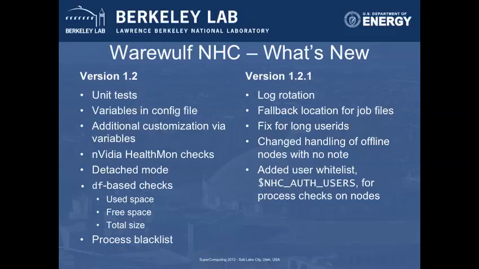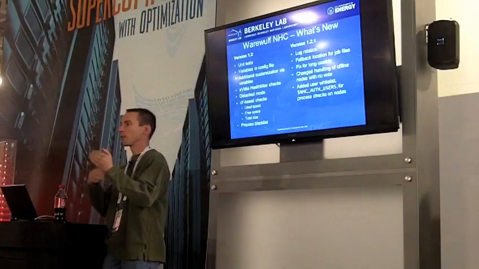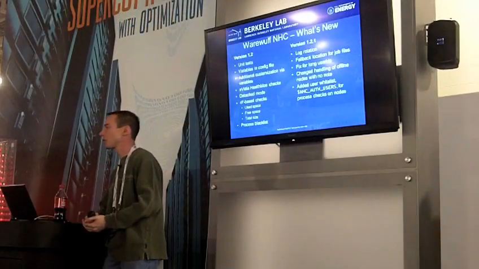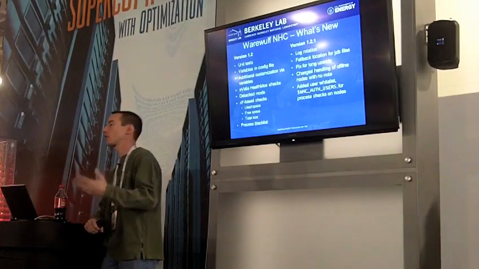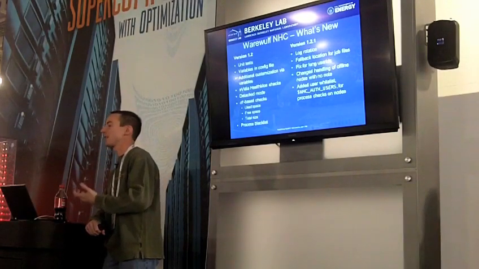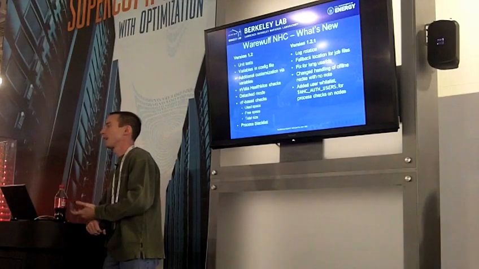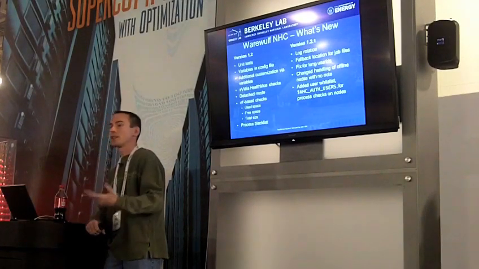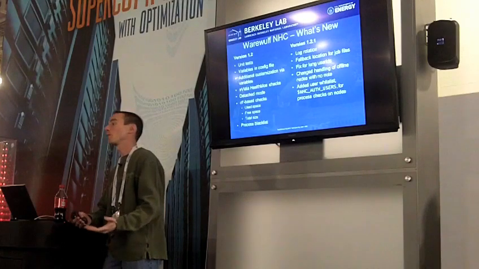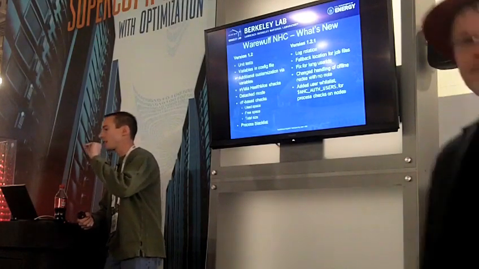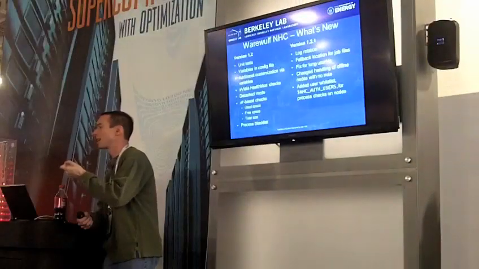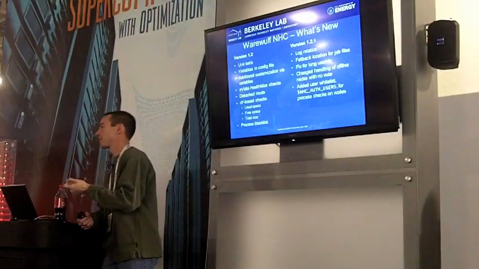One of the most fundamental changes that I did was I went back and refactored large portions of the script itself as well as the underlying checks so that I could write unit tests for all of them. If you've ever written a large program or even a small program, you know that fear of, I changed this little bitty thing, what's going to screw up?